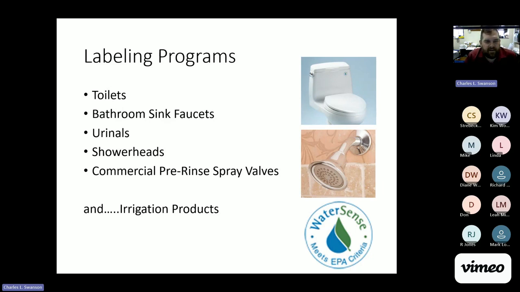But after a while, WaterSense started to look at, how can we save water outside the home? And so they started to address irrigation products. Can these be WaterSense labeled with that little round sticker there for consumers to identify these products?